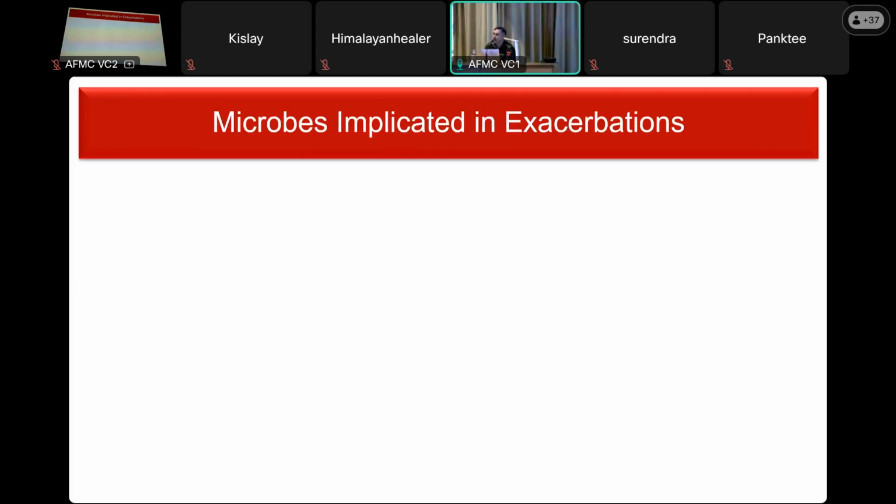Any microbiology resident? What are the common organisms implicated in exacerbations of COPD? Sir, in bacteria, it could be Haemophilus influenzae, Streptococcus pneumoniae, Moraxella catarrhalis, and in the viral etiology, it could be influenza virus, parainfluenza virus, rhinovirus, respiratory syncytial virus, and we can even see it in COVID also, sir, exacerbation of COPD.